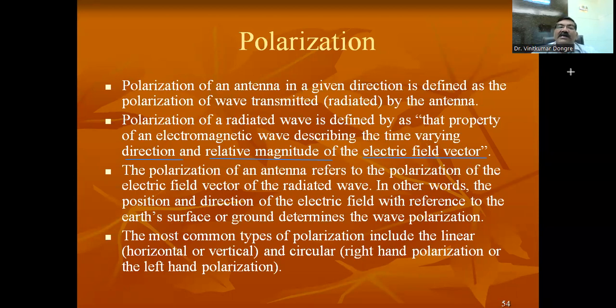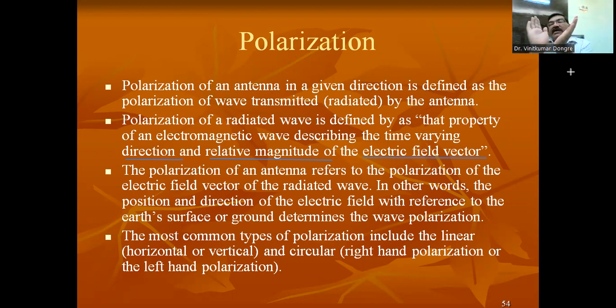In the electromagnetic wave, what is there? In the electromagnetic wave, you will have an electric field vector and a magnetic field vector. Now we are considering only one field vector, that is the electric field vector, not the magnetic field vector.